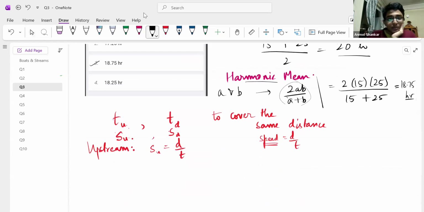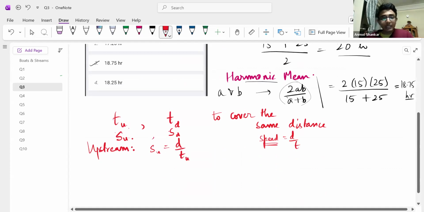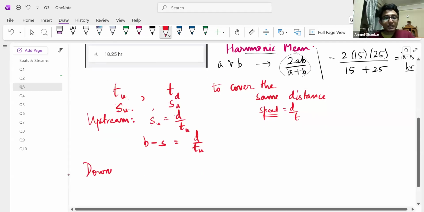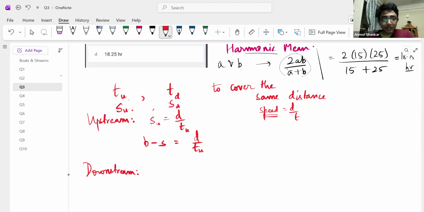So just to substitute, இல்லையா, upstream caseல speed is equal to distance by time, upstream speed வந்து b minus s which is equal to distance by time, இல்லையா? அதே மாதிரி downstreamல ரொம்ப சிம்பிள்னா, it is just 2 steps.